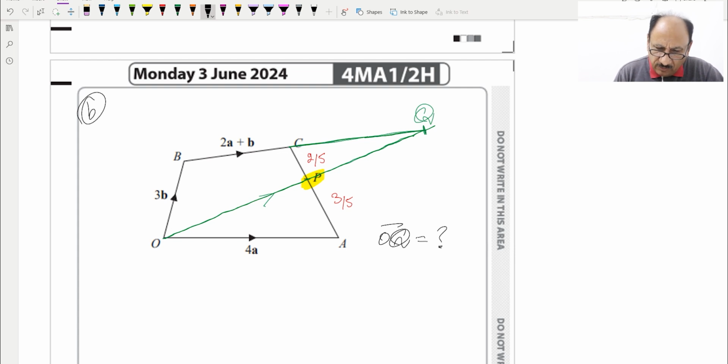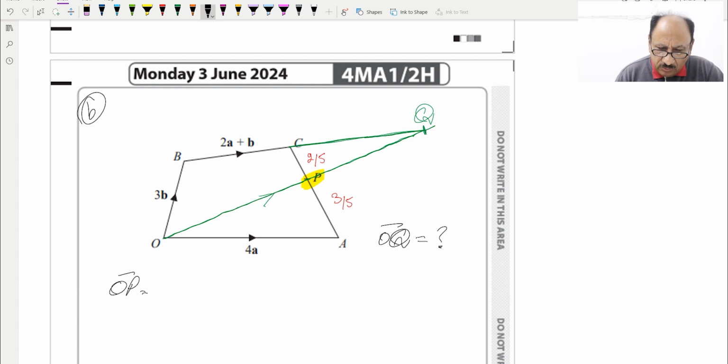Now first of all, what we can do is we can find OP, and OP will be this one, which we can find. We can take this route, which we can take first of all.